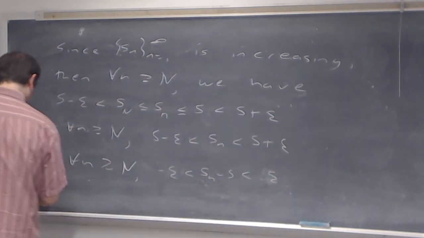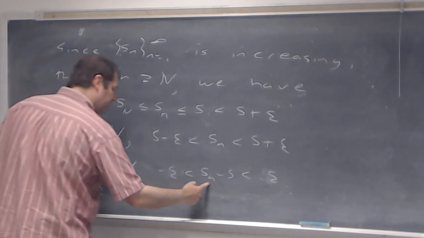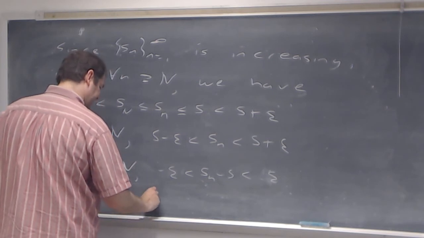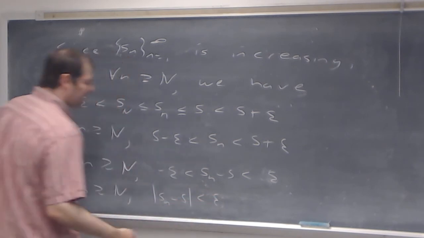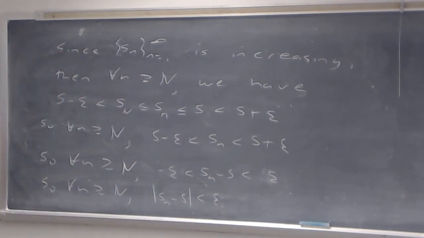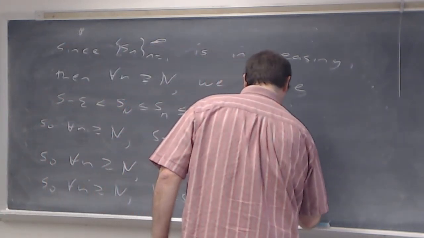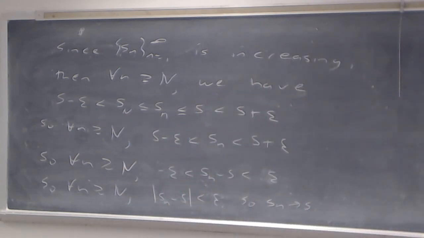And we can translate this inequality using absolute values. That says the absolute value of S of n minus S is less than epsilon. This is the distance between S of n and S. And so that shows that S of n converges to S. So that ends it for this case.